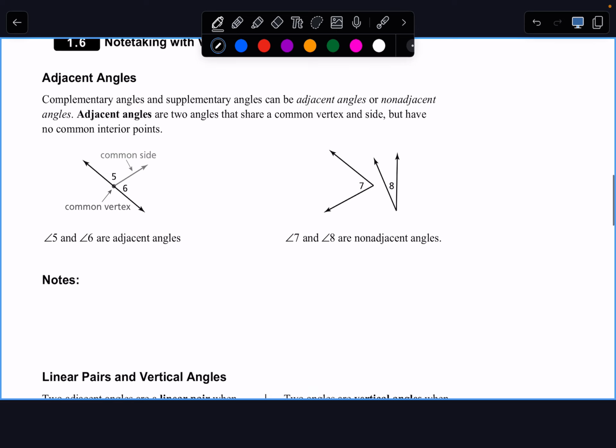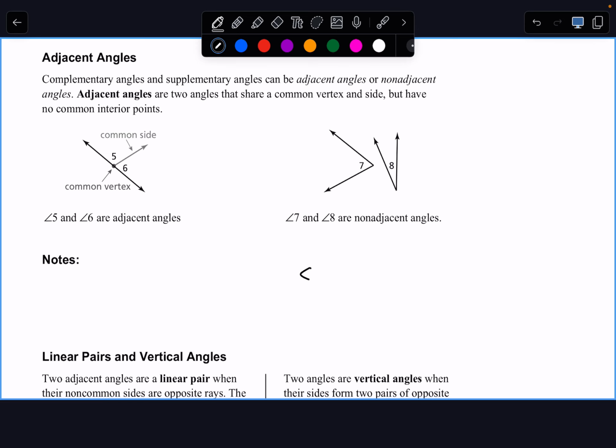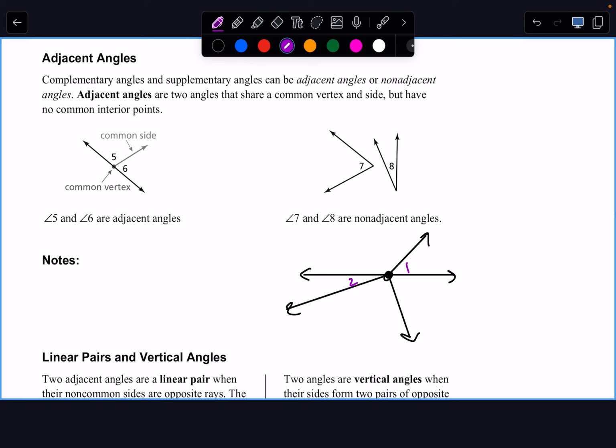So a non-adjacent angle, I mean, they could share a vertex. Like angles 1 and 2 are non-adjacent. Yeah, they share the same vertex, but they don't share the same side. They don't share a side together.